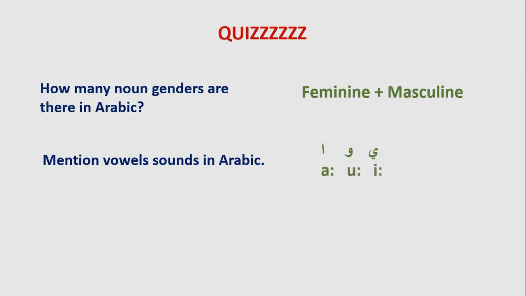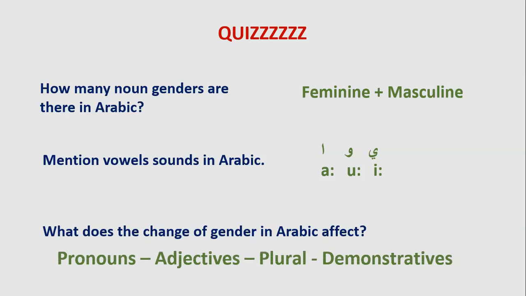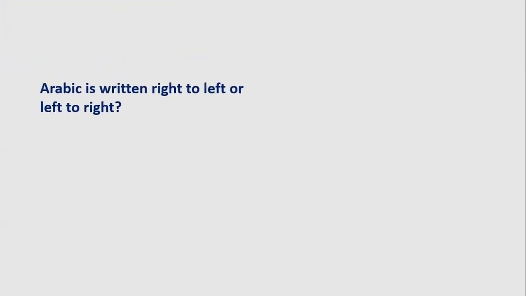A, U, I. Excellent. Number three: what does the change of gender in Arabic affect? The answer is, it affects pronouns, adjectives, plural, and demonstratives. Excellent. Question number four: Is Arabic written right to left or left to right?